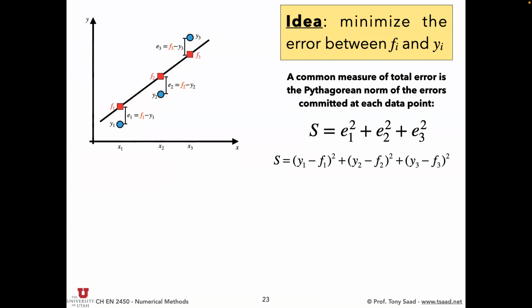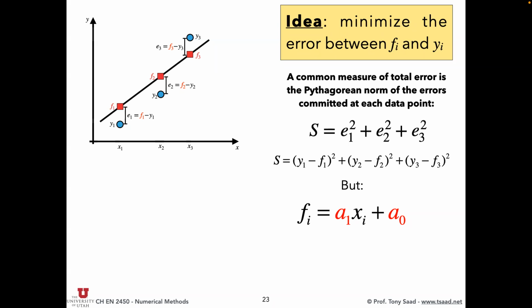There it is. So now we know that E1 is Y1 minus F1 or F1 minus Y1. It doesn't matter because we're squaring it. And E2 is Y2 minus F2. E3 is Y3 minus F3. So that's our formula for the aggregate error. However, we also know the form of F1, F2 and F3. It's A1 xi plus A naught.